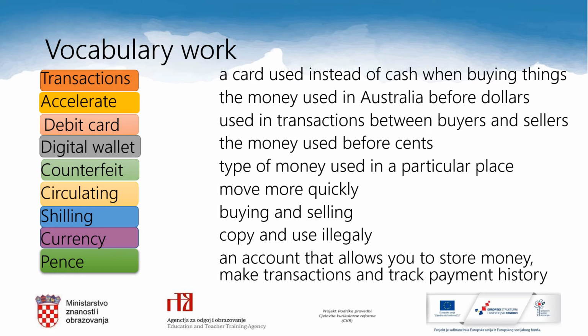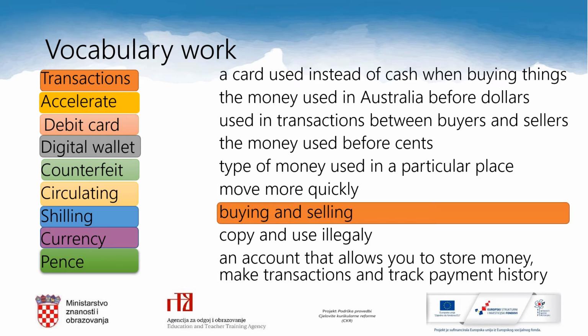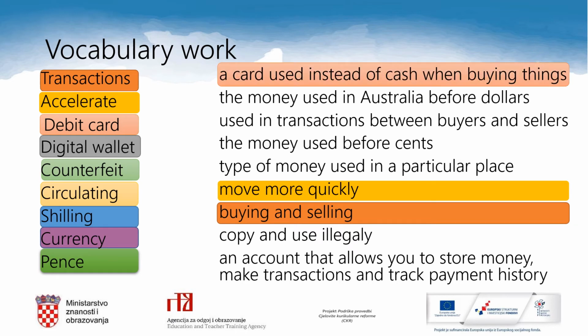Finished? Let's check. Transactions: buying and selling. Accelerate: move more quickly. Debit card: a card used instead of cash when buying things. Digital wallet: an account that allows you to store money, make transactions, and track payment history.